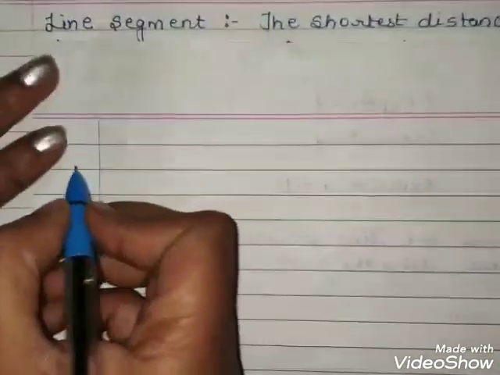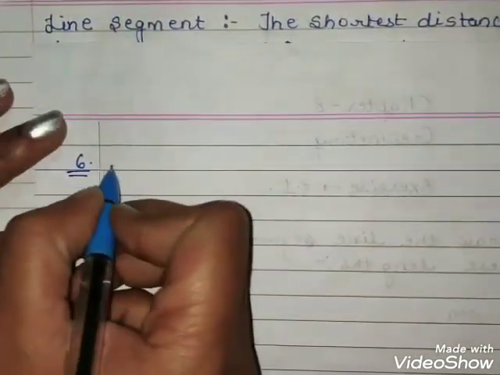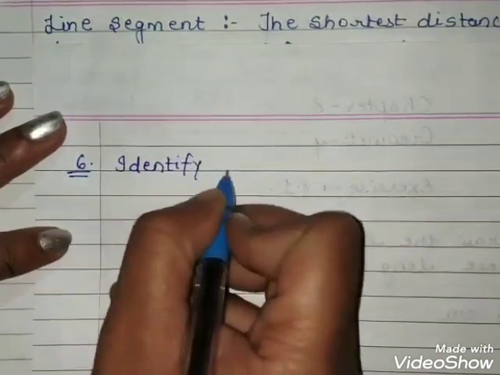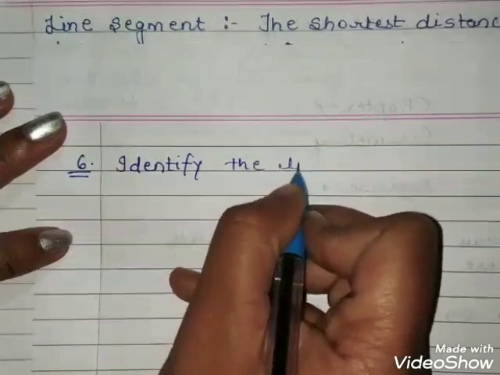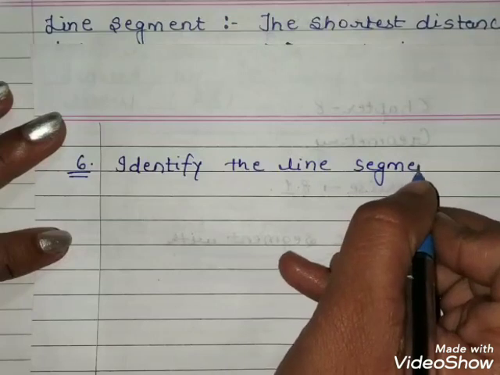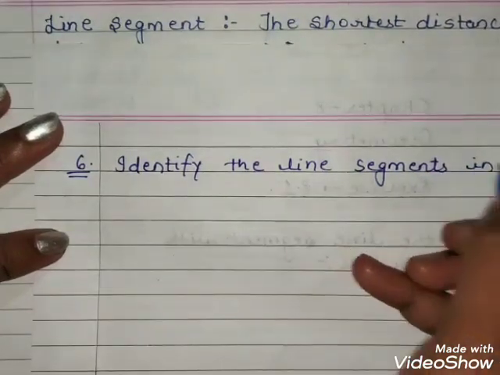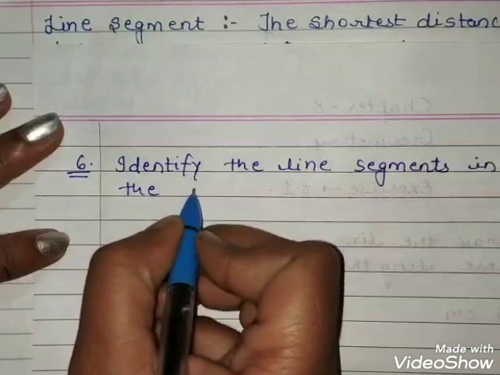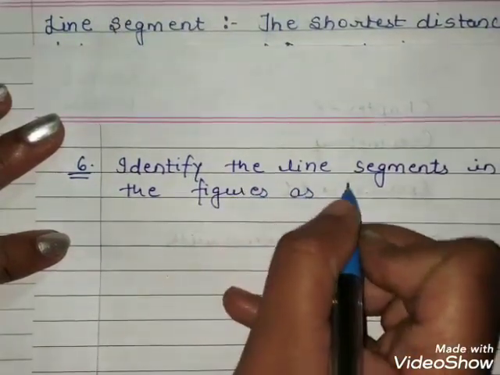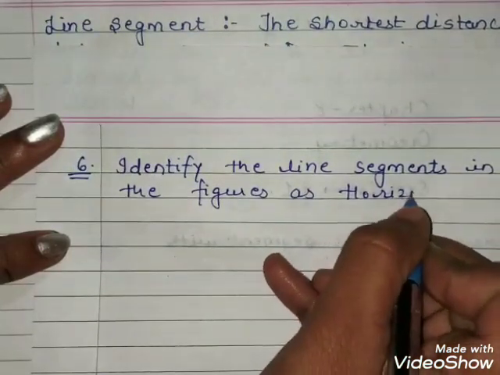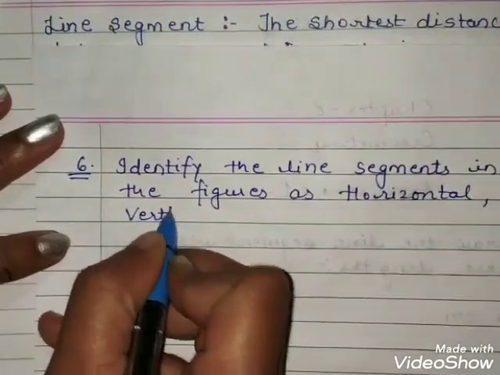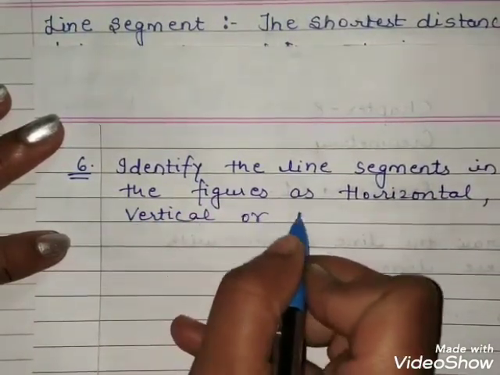So here the next question is: identify the line segments in the figures as horizontal, vertical or slanting, right?